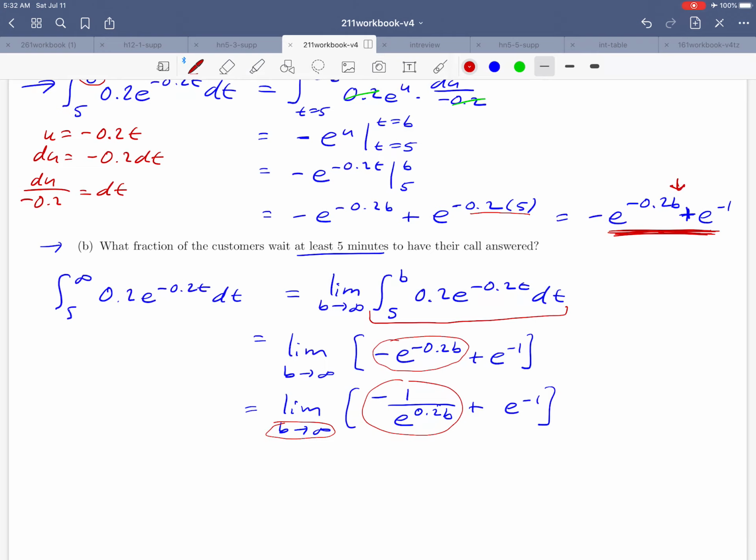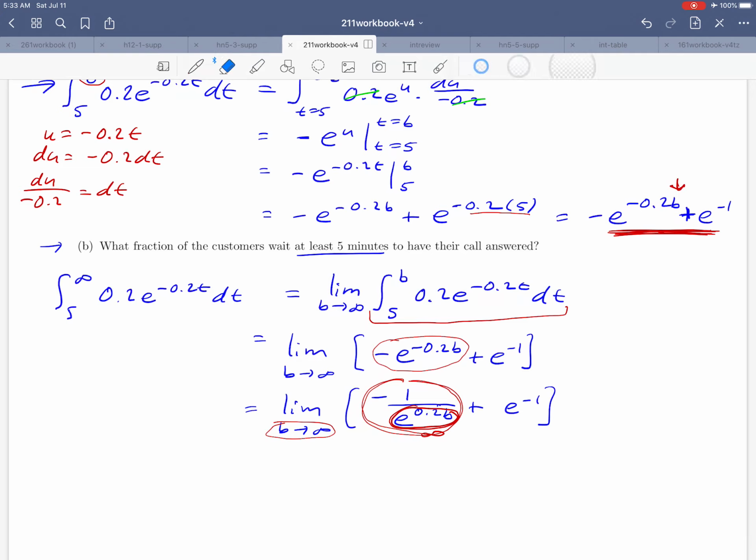So my question to you is, if we took bigger and bigger numbers and substituted those in for b here, what would happen to this fraction that we just circled? Would it get bigger? Would it get smaller? The thing to notice is that the denominator of this fraction is going to go off to infinity, just the denominator part.